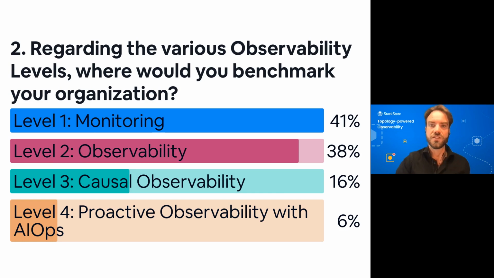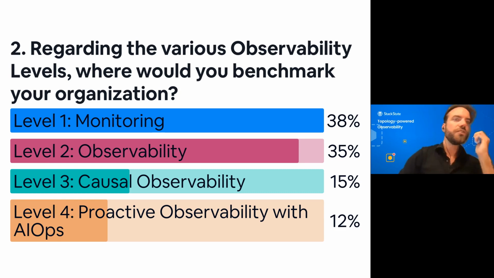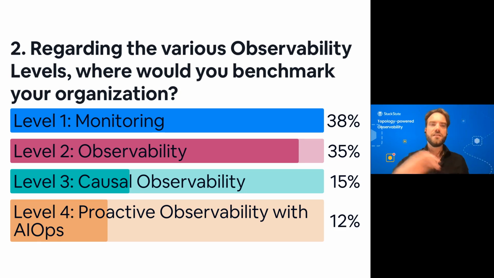That's what we've seen time and time again. When we look at the market, we see very similar numbers, where we asked that question to 543 respondents, and you see that natural curve.